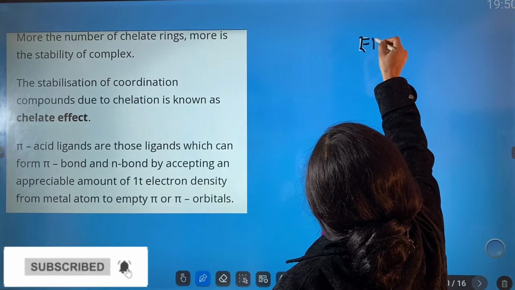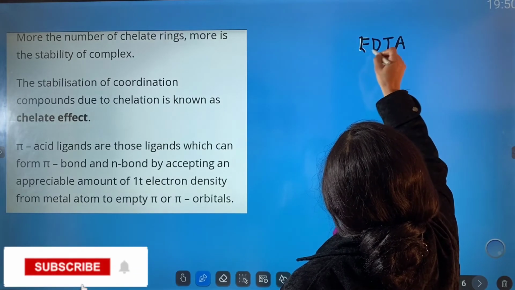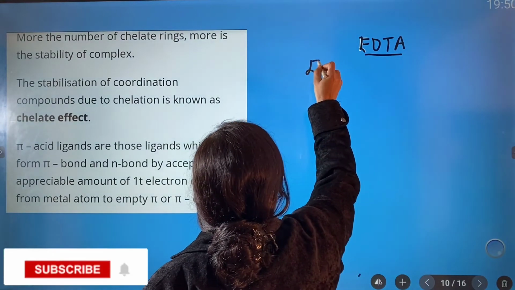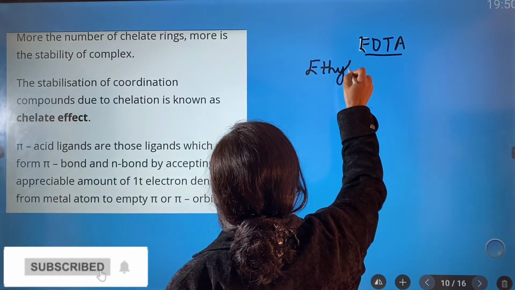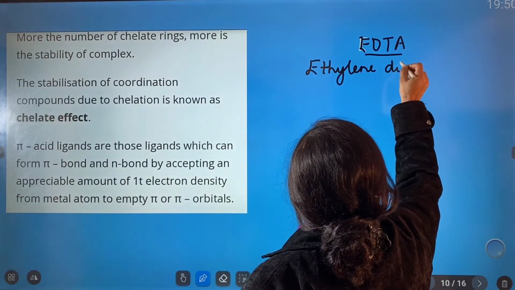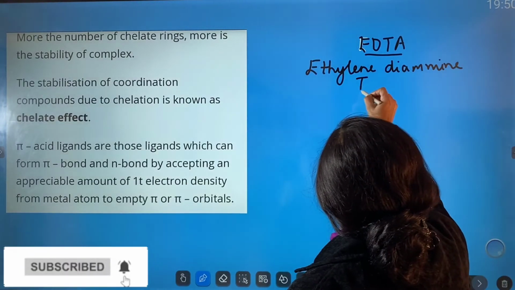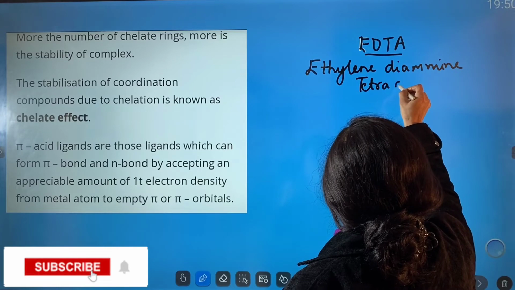In the case of EDTA, we have seen, what is EDTA? It is ethylene diamine tetraacetate ion.